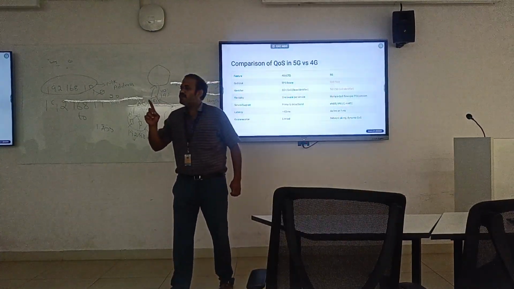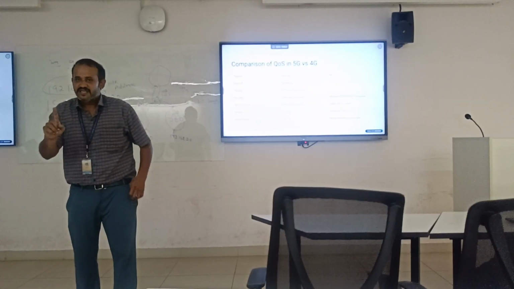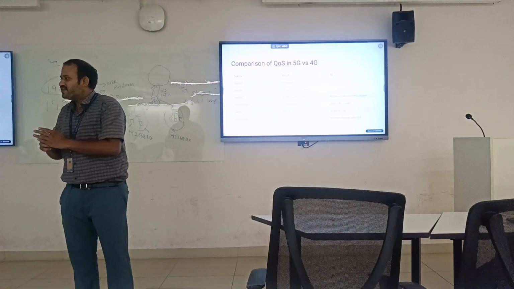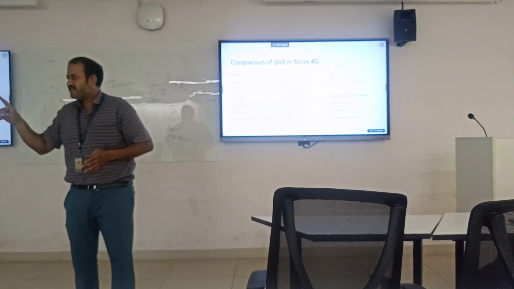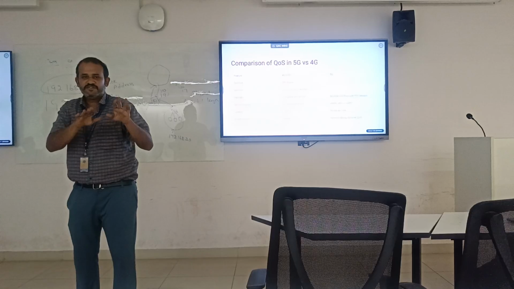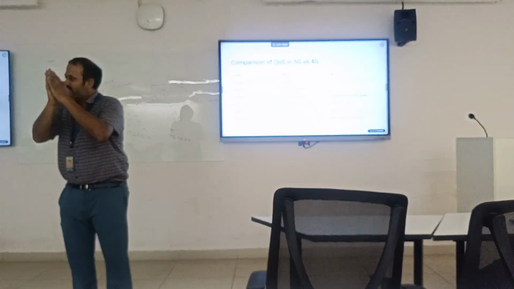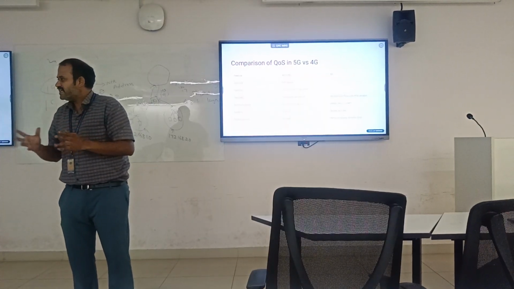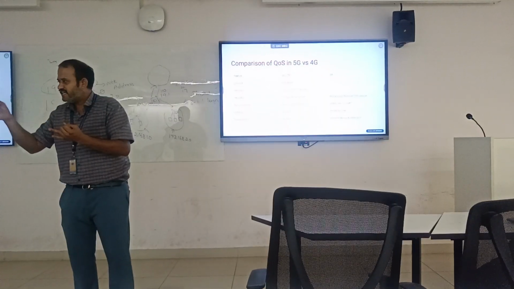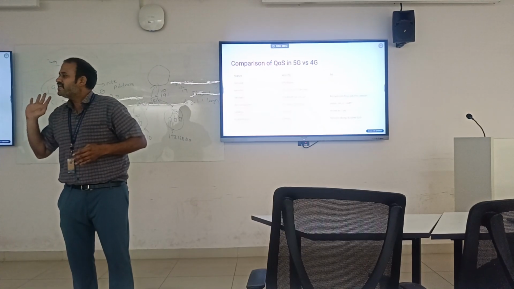That means I can use only one QoS service in the PDU session at a time. But when I go to 5G, I can use 7 QoS flows within a PDU session at a time. So that is the advancement from 4G to 5G. That means I can differentiate different qualities of service based on the user's needs. I can give one for voice, one for data, one for video, and handle them at a time in 5G.